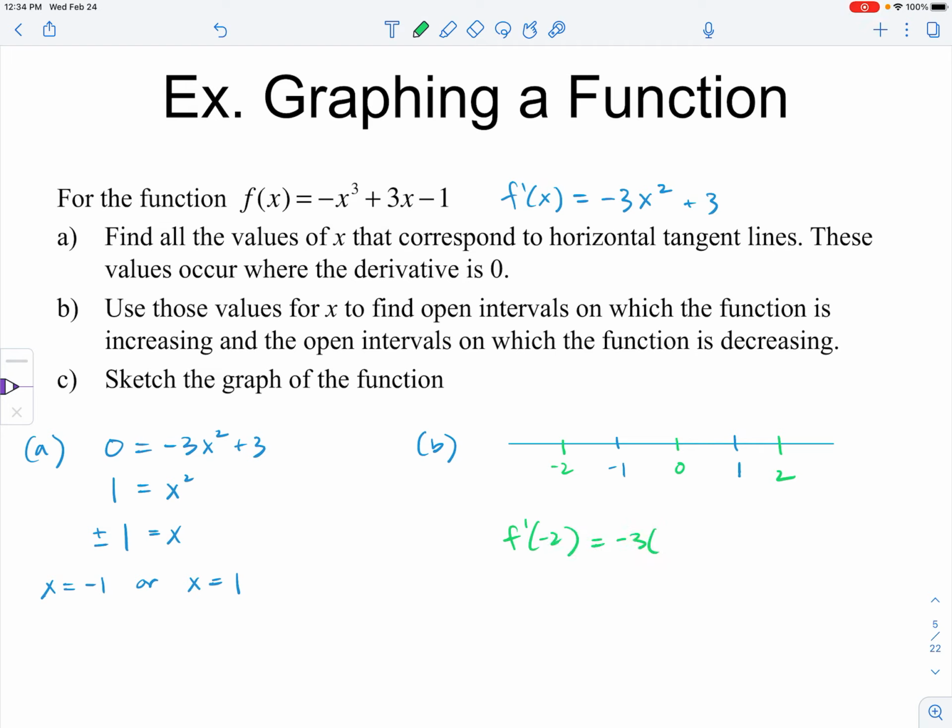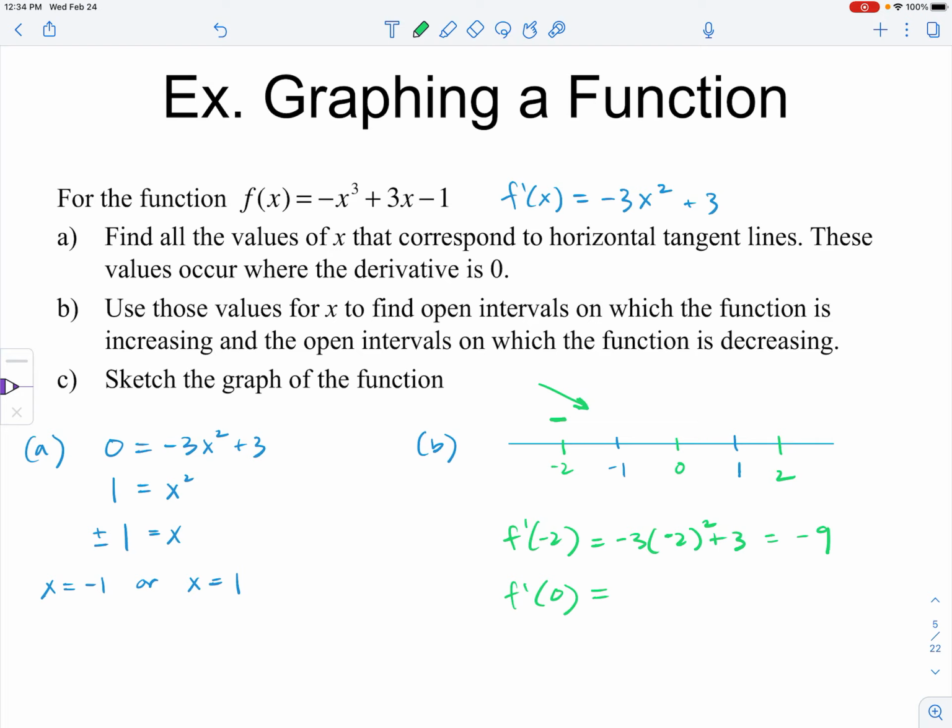So f prime of negative 2 would be negative 3 times negative 2 squared plus 3, which is negative 9. The main point is that f prime of negative 2 is equal to a negative value. That means that the function is going to be decreasing to the left of negative 1.